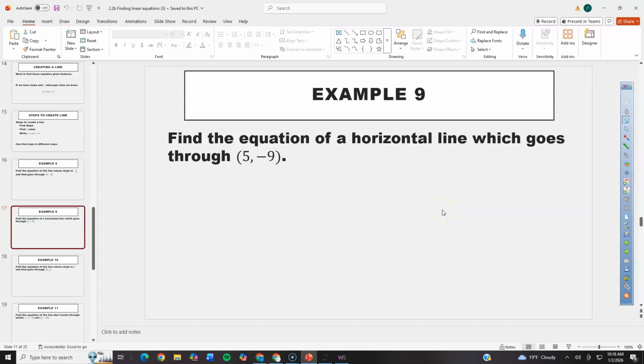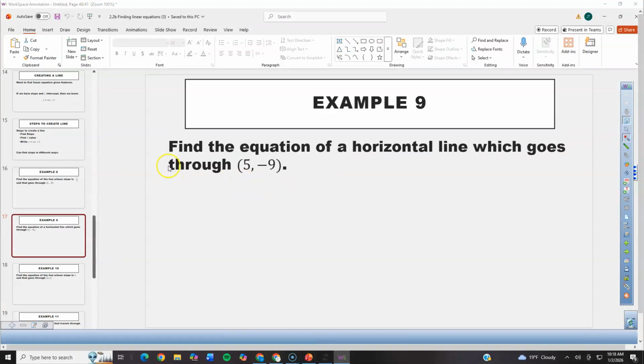Find the equation of a horizontal line that goes through 5, negative 9. The big thing I've got to remember is a horizontal line is x equals or y equals. Horizontal means it goes this way, right? Horizontal means it's going to be y equals. y equals what?